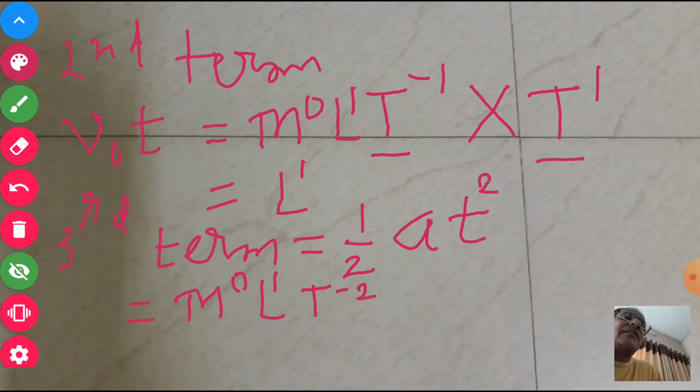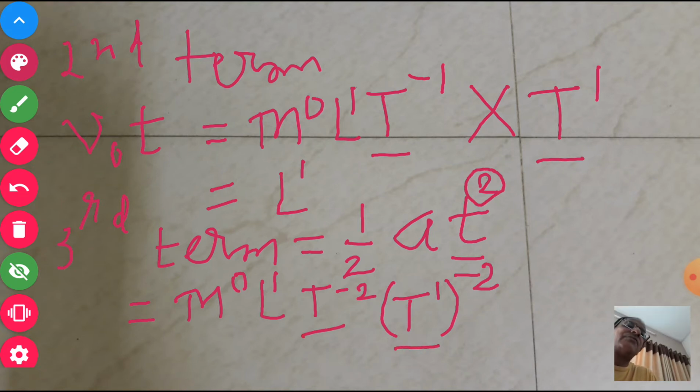Then t is squared, so t raised to 2. Simplify t raised to minus 2 and t raised to 2, so it becomes 0. Again the dimension of the third term will also be L1.